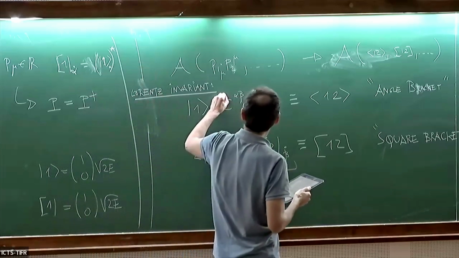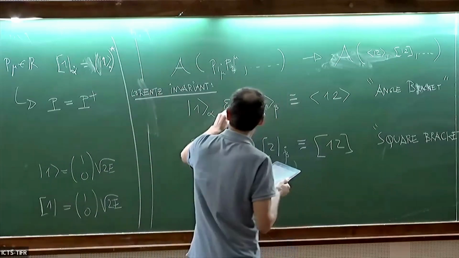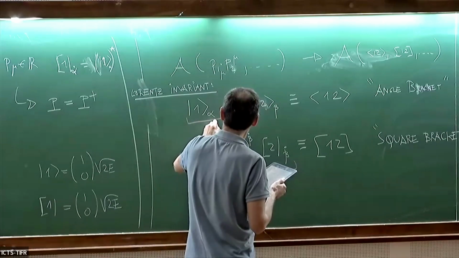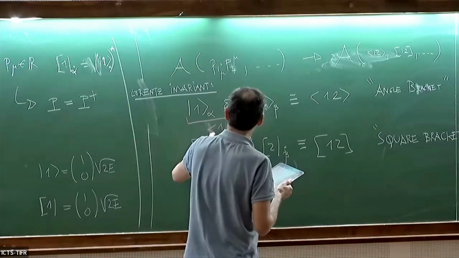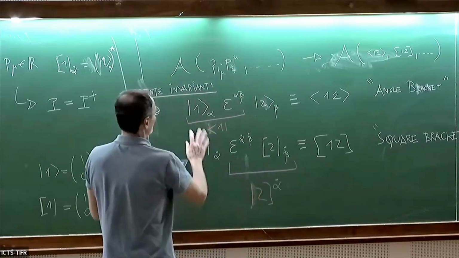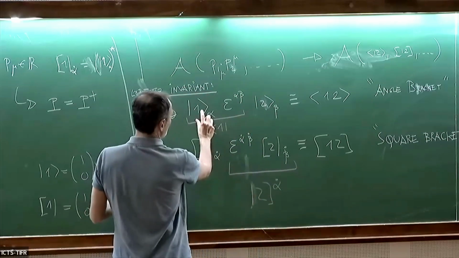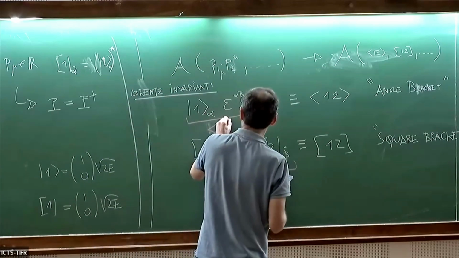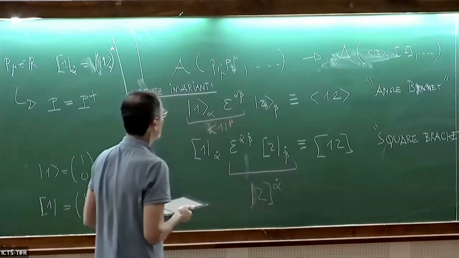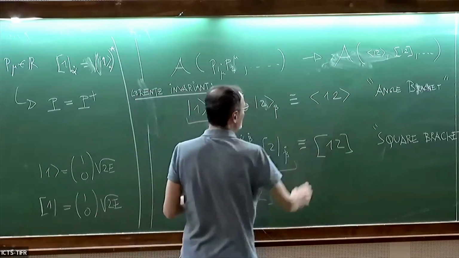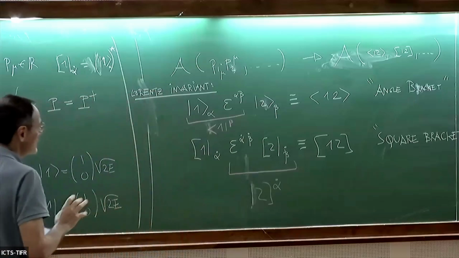Similarly here, when I move up the index, I also put the state as a bra. This is to make it easy afterwards, because I contract the 1 and 2 in this way. So this is notation.